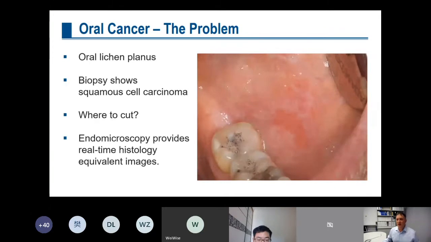So reducing the amount of tissue that has to be cut out without increasing the risk of recurrence of the cancer is highly desirable. So our objective is to determine if we can accurately identify the oral cancer margin and provide the patient with the best long-term outcome.